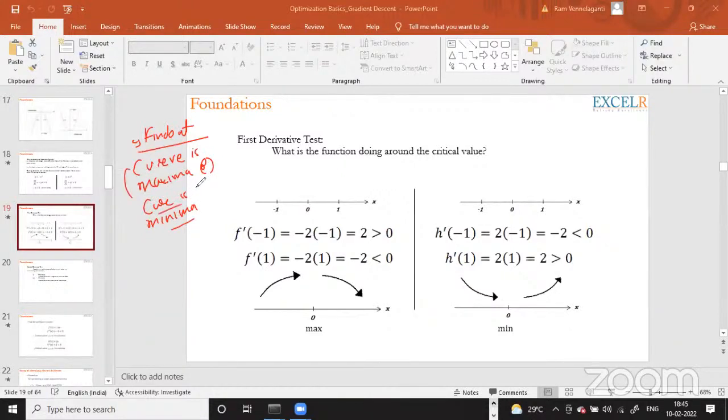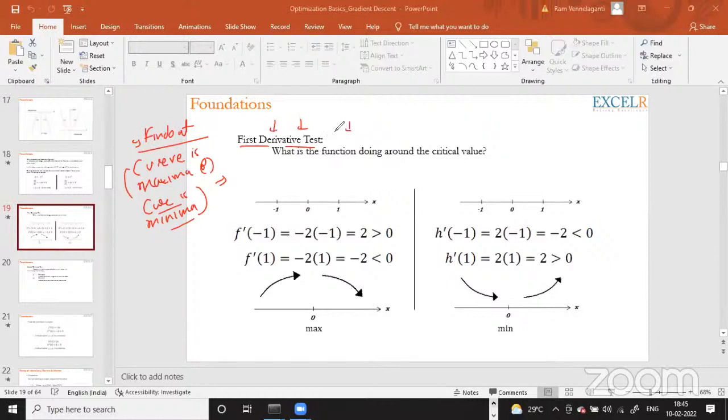If you want to find out whether your curve is going to have maxima or a minimum, use your first derivative test. Same concept we have discussed, we are trying to experiment with a numerical example. So to find out whether the curve is going to have a maxima value or a minima value, you are going to apply the first derivative test.